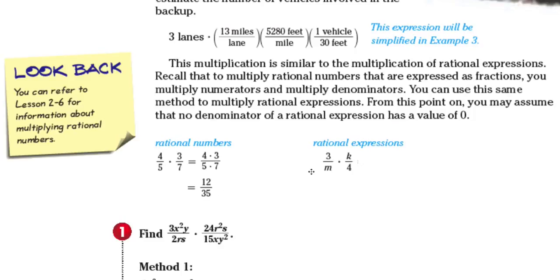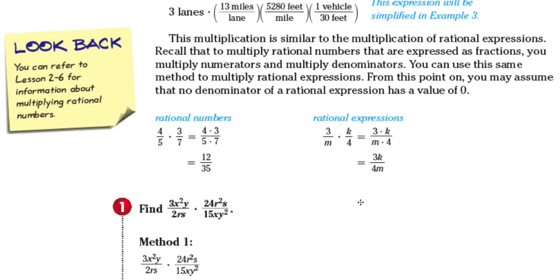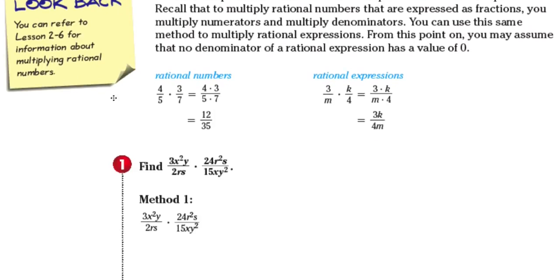Now in terms of a rational expression, when you have 3 over m times k over 4, we simply multiply 3 times k all over m times 4. And that will give us 3k all over 4m. So let's do the same thing in example 1.